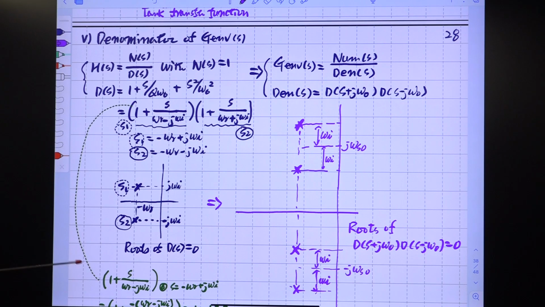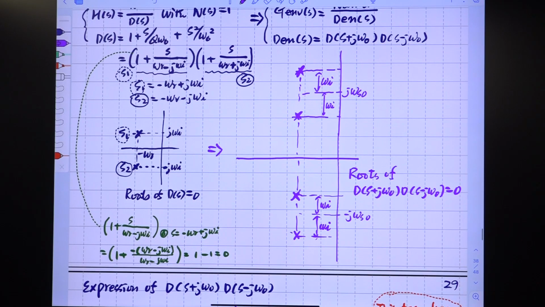So if the coordinates of the two poles are known, then you have this. This is the root of D(s) equals 0 at the omega s plane. You understand this, right? Previously we identified this one with omega m and Q. Here we are just using this one.